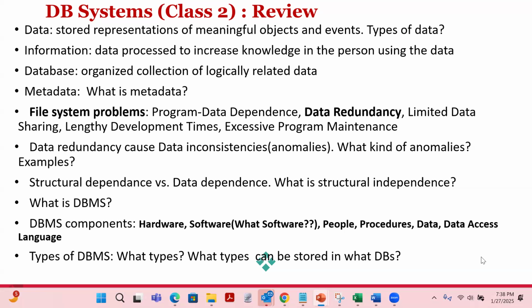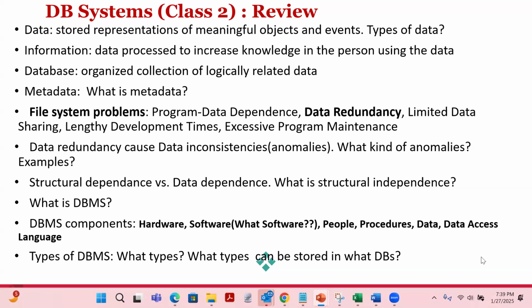We also talked about evolutions of the databases. We spent a little bit of time talking about different file systems, which represent collections of the files used by different organizations. File systems are, believe it or not, still widely used, and we talked about that too. Well, file systems represent multiple problems. We talked about program data dependence, which means that a specific program depends on the data in the file.